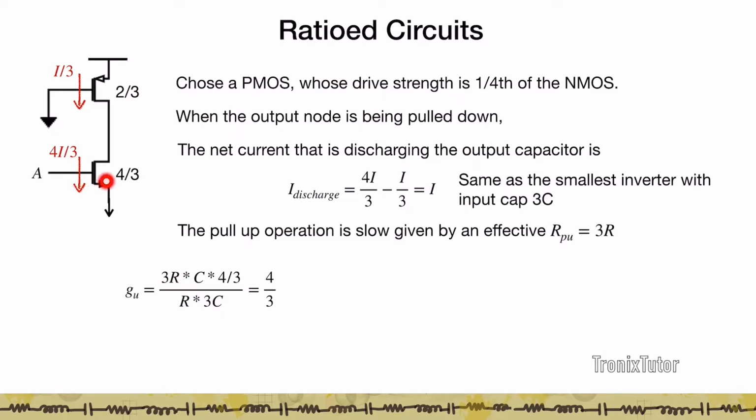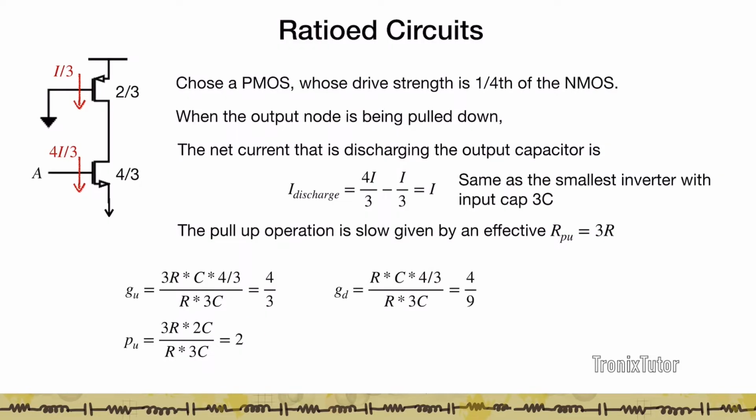Now the input capacitance of this gate is just going to be the input capacitance of the NMOS, because the input only goes into the NMOS, and so the capacitance is 4/3C. This is divided by the standard CMOS inverter, which is 3RC, and so you get a pull up logical effort of 4/3. The parasitic delay associated with pull up is going to be 2.